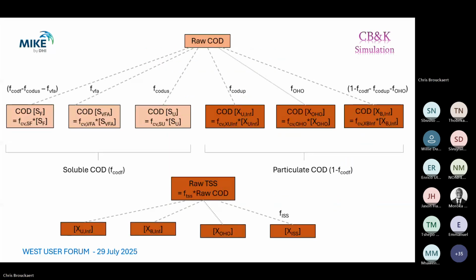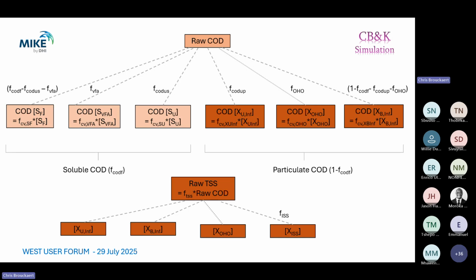Now, the problem is that models require the fractionation of the influent. The measurements that we take have got to be assigned to a whole series of different components. There's soluble components, there's particulate components, there's biodegradable and unbiodegradable components, and so on. And the model needs these to determine the fate in the treatment process. Where do they go?